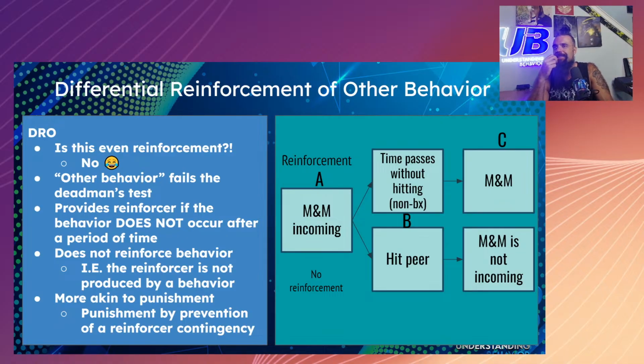I used to work at an alternative school where we had a token economy on a DRO protocol. So it was every 15 minutes that they went without engaging in one of their target behaviors, then they would get a point or a sticker that they could use to exchange at the school store.